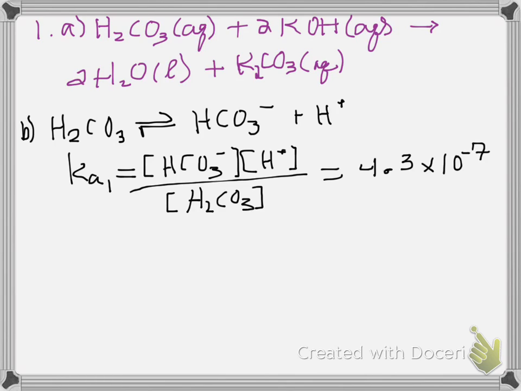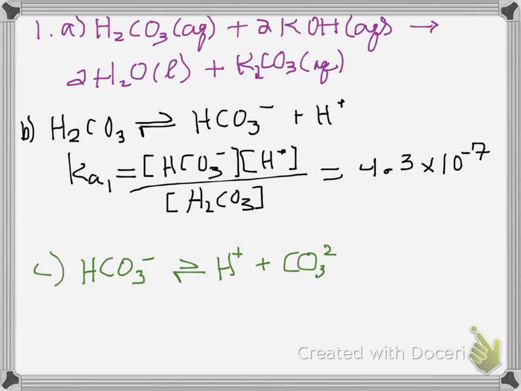And then let's see, for letter C from part 1, it tells us to do the same thing but for the second buffer zone. So in the second buffer zone we have HCO3 minus, hydrogen carbonate, and it is capable of deprotonating also to produce CO3 2- carbonate.